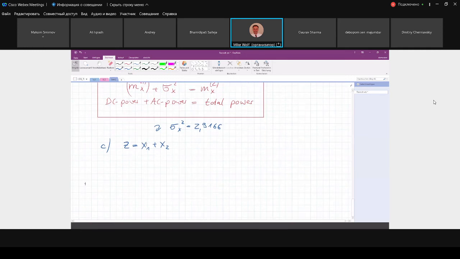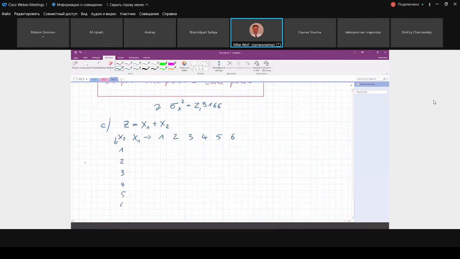To obtain all the probabilities of Z, in this direction, for instance, I write the values of X1. So this is 1, 2, 3, 4, 5, 6. In this direction, I write X2, which is again 1, 2, 3, 4, 5, 6. And then in red, I write the sum.